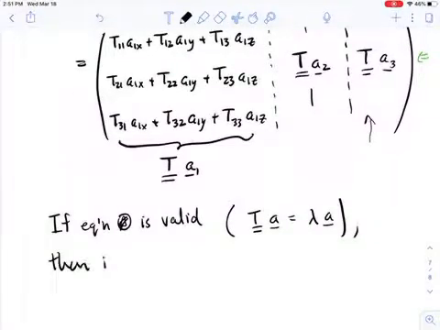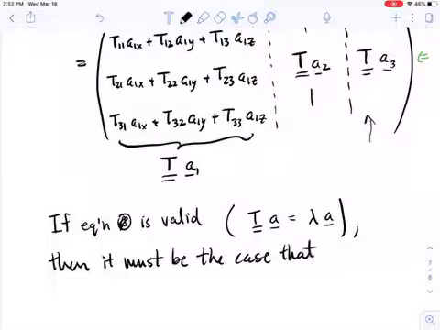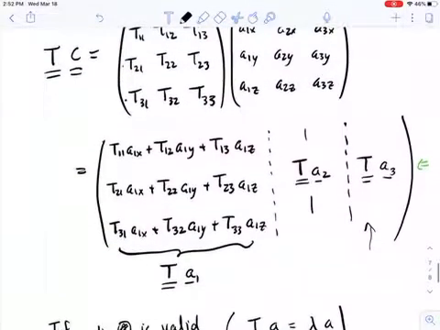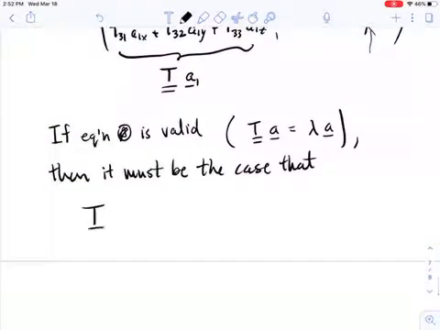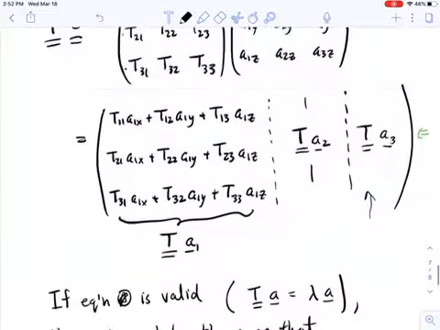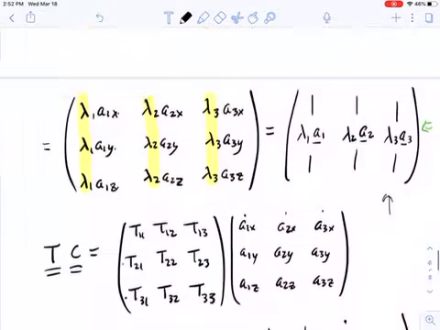Then it must be the case that T times C is equal to what? Lambda times A. How are we getting lambda times A?